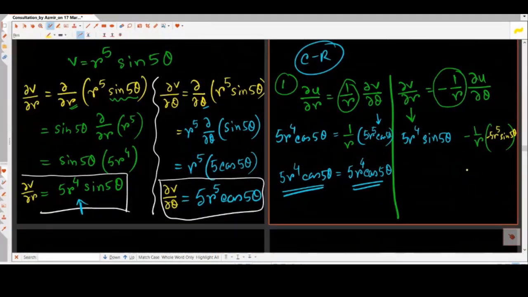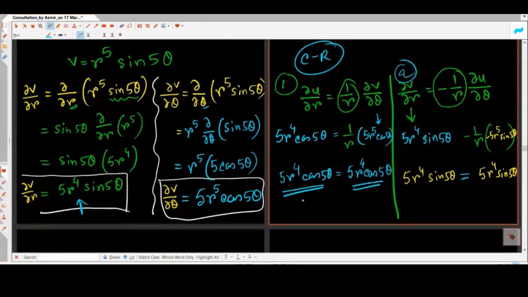So on the right side, if we simplify, we are getting negative, negative, positive. R to the 5 in the numerator, and in the denominator we have r. So it is becoming 5 r to the 4 sine 5 theta. On the left side we have 5 r to the 4 sine 5 theta. So that means on both sides we have positive quantities. That means the second equation is also satisfied.